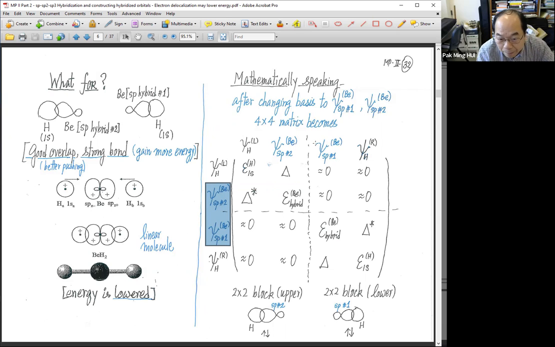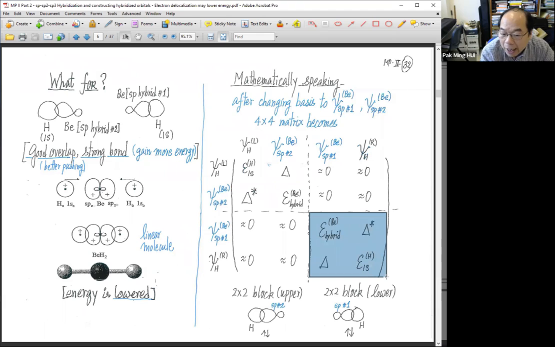Now, once you prepared this sp hybridized orbital, I call it number 1, pointing to the right, it will couple, or it will form a very strong bond with the hydrogen on the right-hand side. So this 2x2 block will be dominating. That is to say, this thing is big, this one is big.